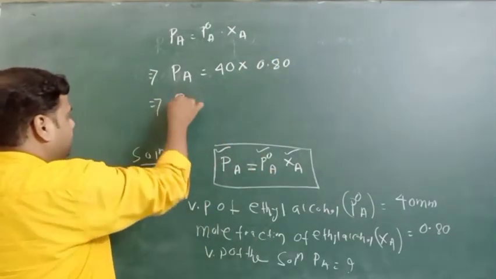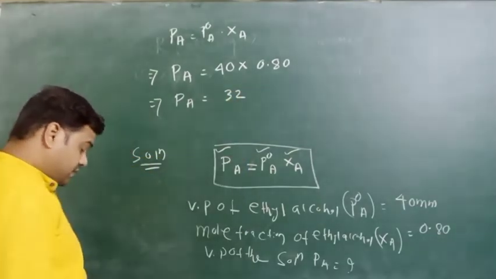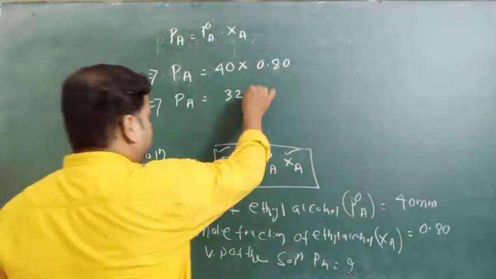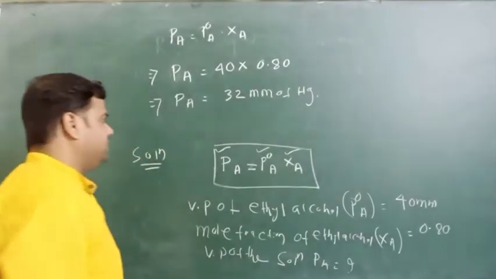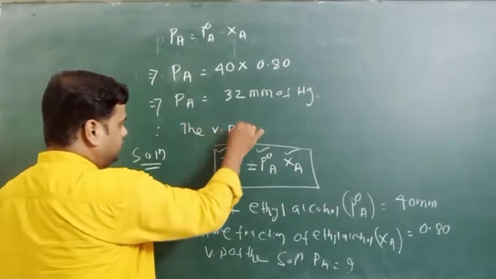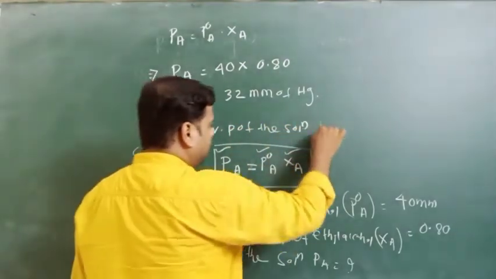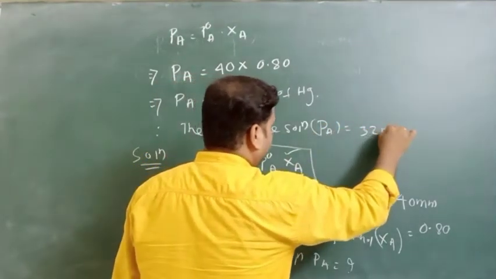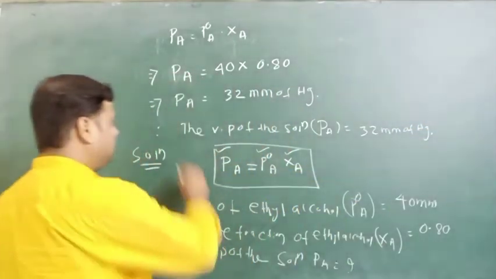So we will get Pa equal to 32 mm of mercury. Therefore the vapor pressure of the solution, Pa, is equal to 32 mm of mercury. It is the answer.